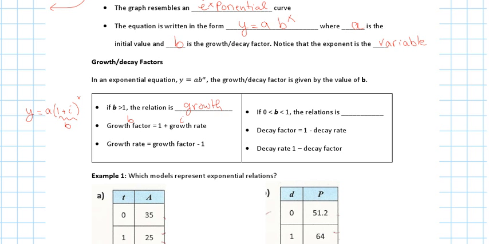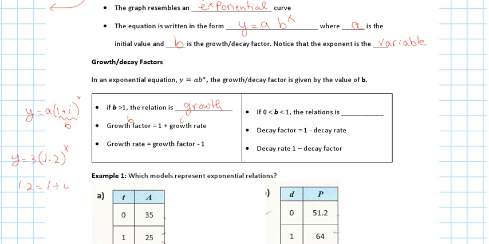So if I want to find the growth rate, let's say that you have an equation that looks like this, y equals 3 times 1.2 to the power of x. What do we call 1.2? Growth factor. How can I find the growth rate? Your growth factor is b, so that's 1.2 equals 1 plus i.